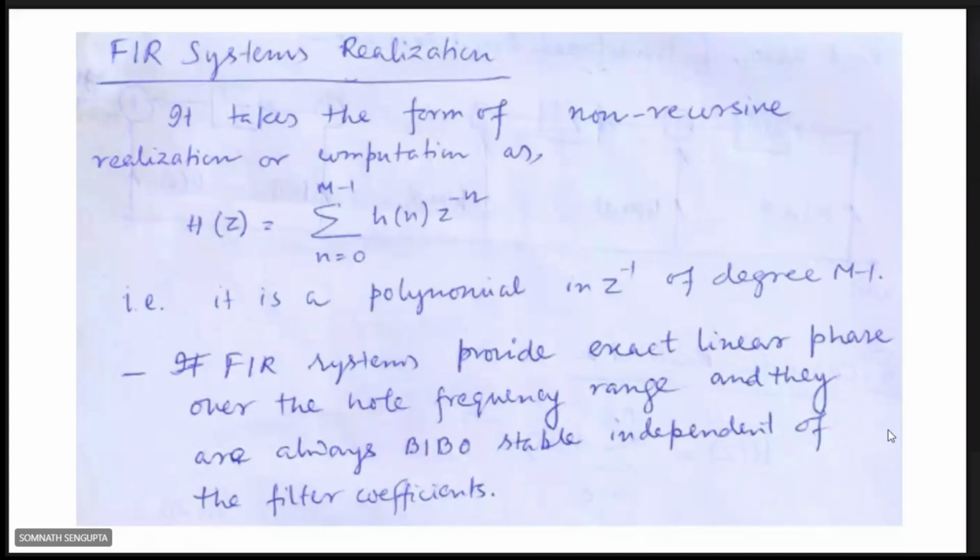FIR filter means finite impulse response. So h(n) is of finite length. If the length of the sequence is M, then outside that sequence it is 0.